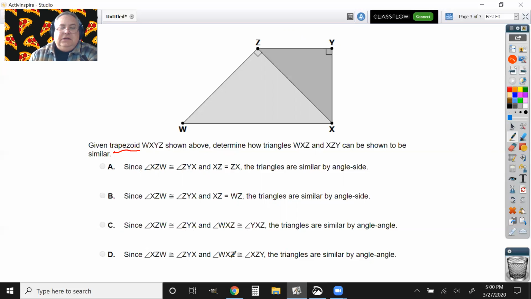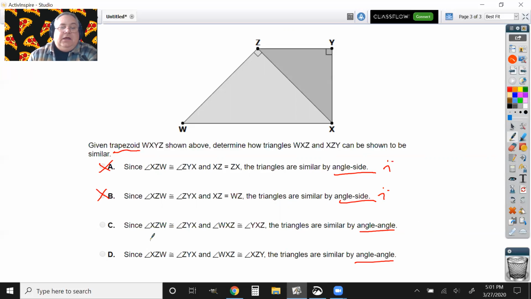We haven't done anything with angle-side, and it doesn't even exist. So these two are wrong automatically because angle-side is not going to work. It does not prove similarity. Only angle-angle works. So one of these two is the correct one. It's just going to be a 50-50 shot.